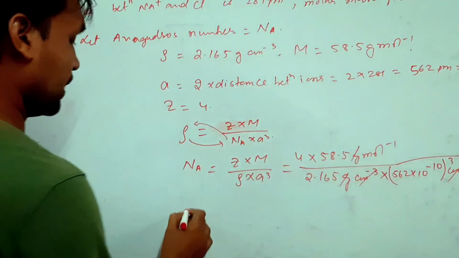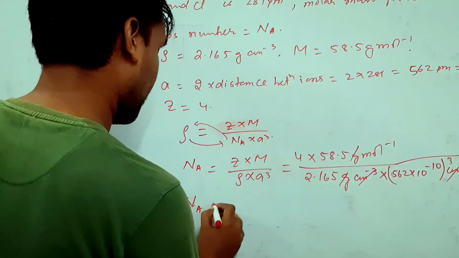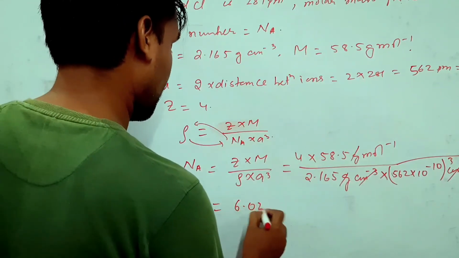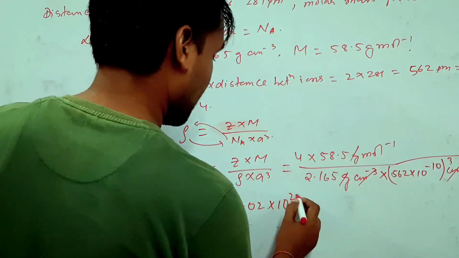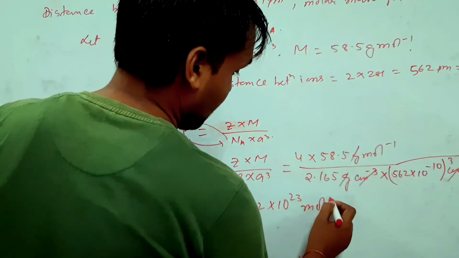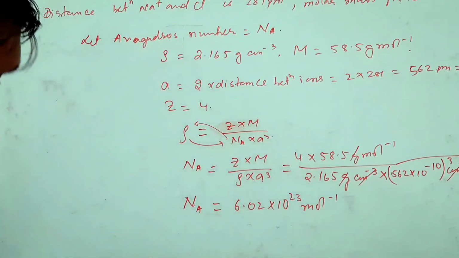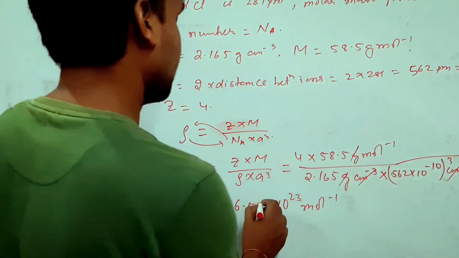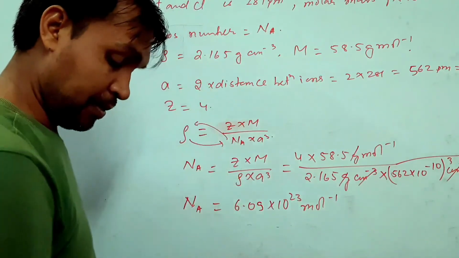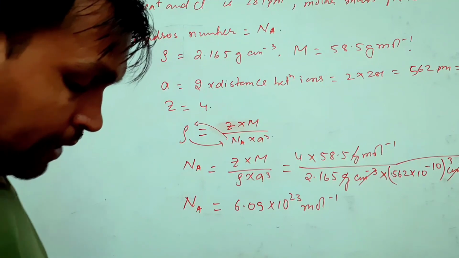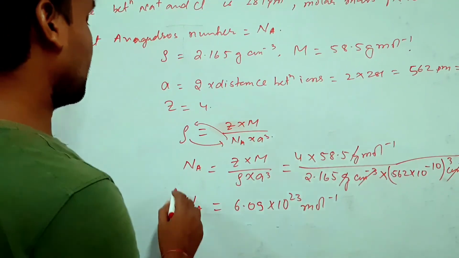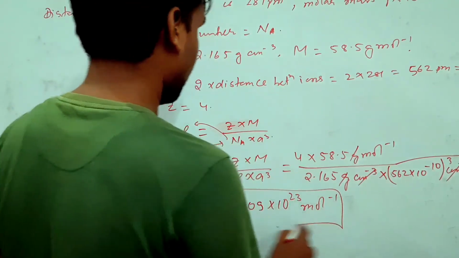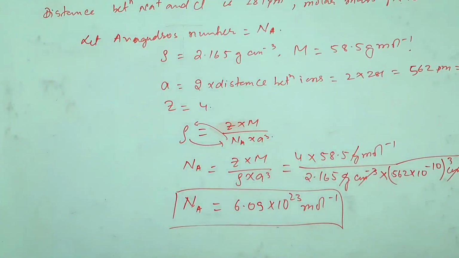So if you calculate, you will get the value of Na equals 6.02 into 10 to the power 23 per mole. Got it? We are getting 6.009 into 10 to the power 23 per mole. So this is how you will calculate the value of Na.